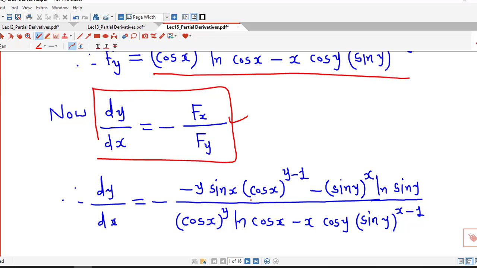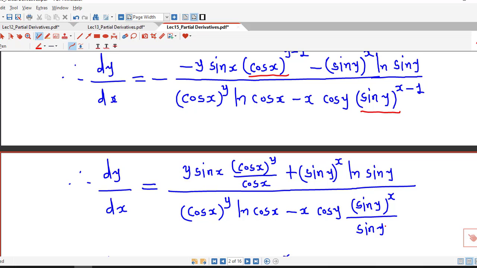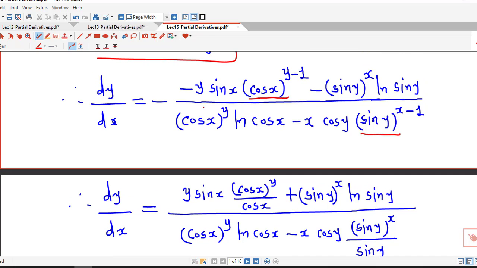Now here we can write cos x raised to y minus 1 as cos x raised to y divided by cos x, and same thing here, sin y raised to x minus 1 can be written as sin y raised to x divided by sin y, and here we take this negative sign outside, so negative will be positive.